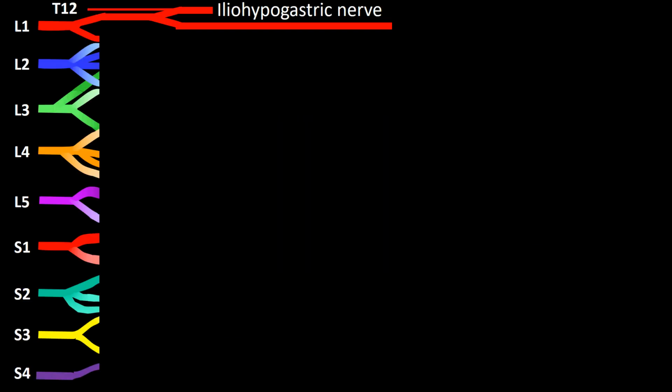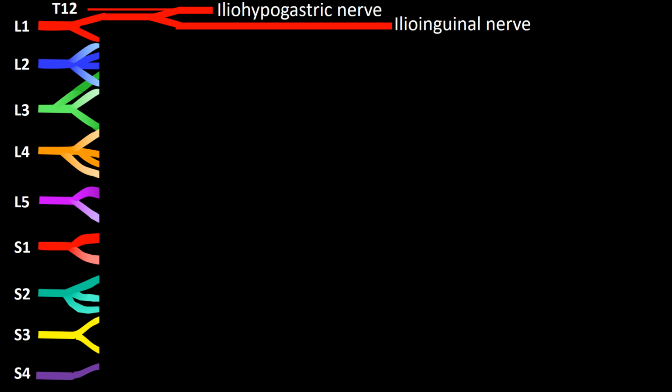At times, the iliohypogastric nerve is damaged during abdominal surgery. The damage of this nerve manifests by burning and tingling pain in the surgical incision site that radiates to the inguinal and suprapubic regions.